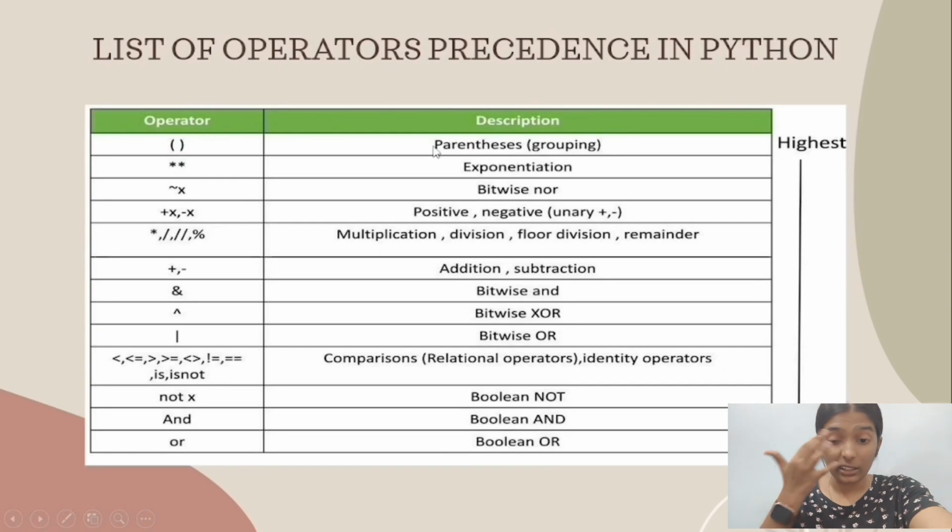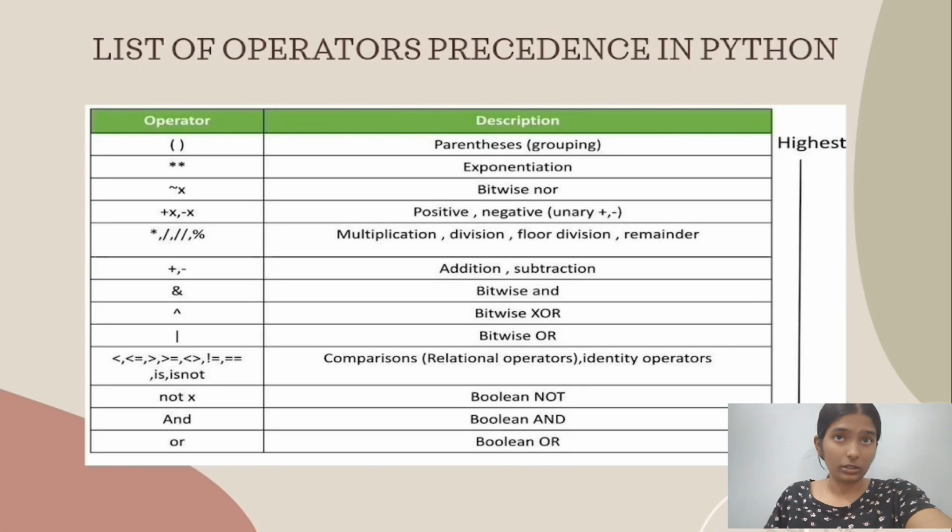As you can see, parenthesis has the highest precedence, then exponentiation, bitwise NOT, positive and negative, that is unary plus or minus operators, multiplication, division, floor division, remainder operators, addition, subtraction, and the list goes on.